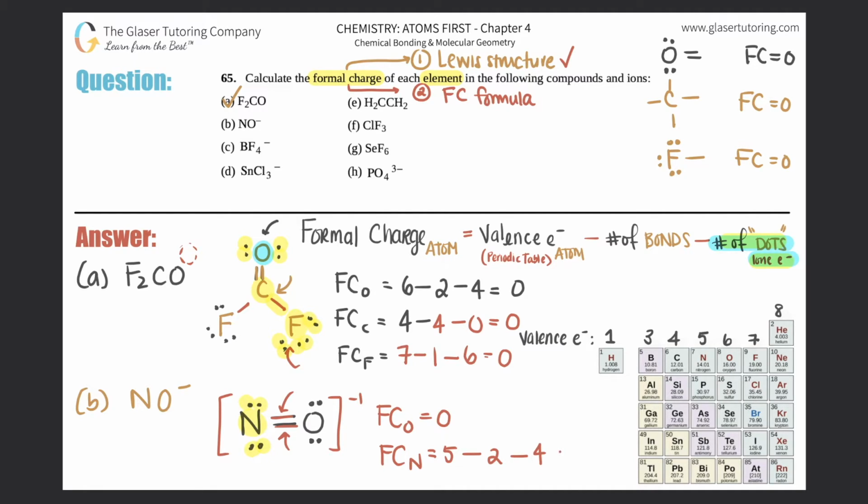So minus 4. 5 minus 2 minus 4 is the -1. And that's how you get the -1 in the upper right-hand corner. This oxygen was a 0. If you sum up all the formal charges, 0 plus a -1 is a -1, and that's how you get that charge in the upper right-hand corner. So there you go for that one. The formal charge of oxygen was 0. The formal charge of nitrogen was the -1, and B is done.